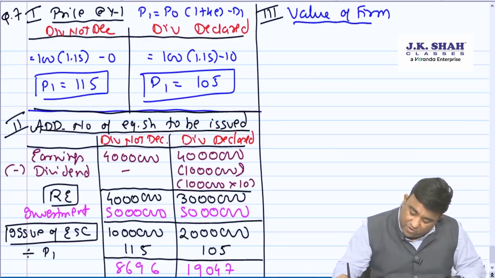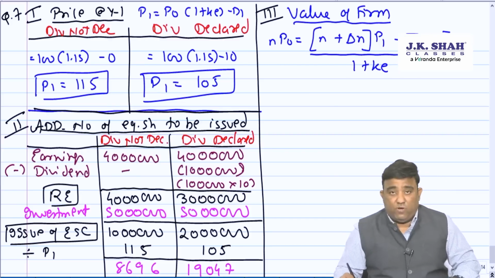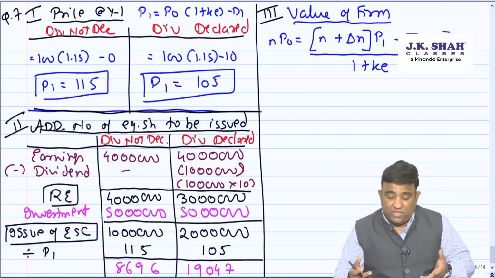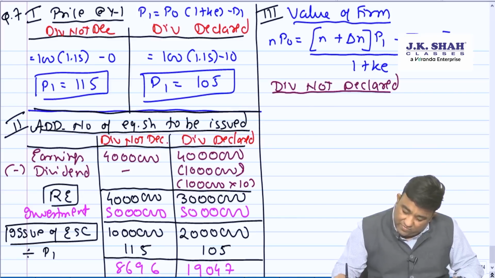And if you apply the formula, that is NPO equal to (n plus delta n) into P1 minus I plus E, divided by 1 plus K. I think you remember this formula. Here, dividend not declared. Student, it is very simple.